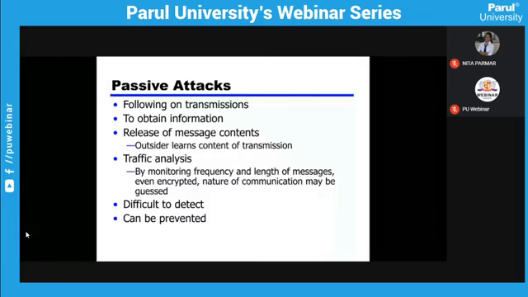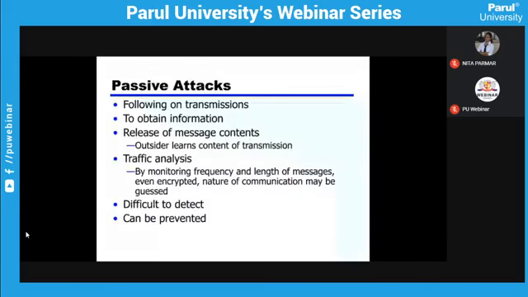Now we will see how attacks on the message are done, meaning the message sent through the transmission line. Hackers may follow the transmission line and attack to obtain the information, and your useful data may be released, and the content of the message may be disclosed to anyone.